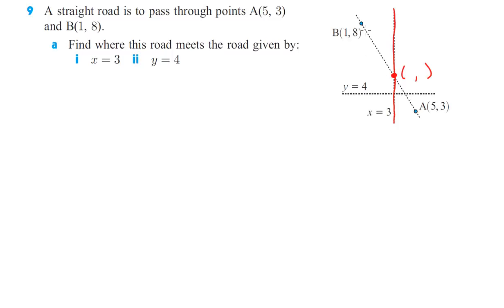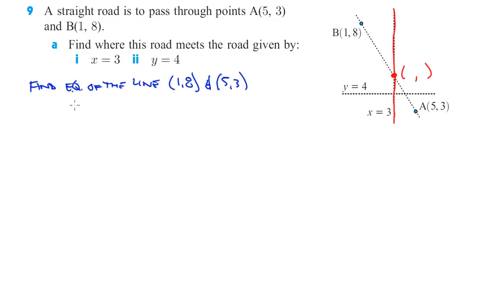In order to find that point right there, we need to know what the equation of this line is. So we have to find the equation of the line through (1, 8) and (5, 3).